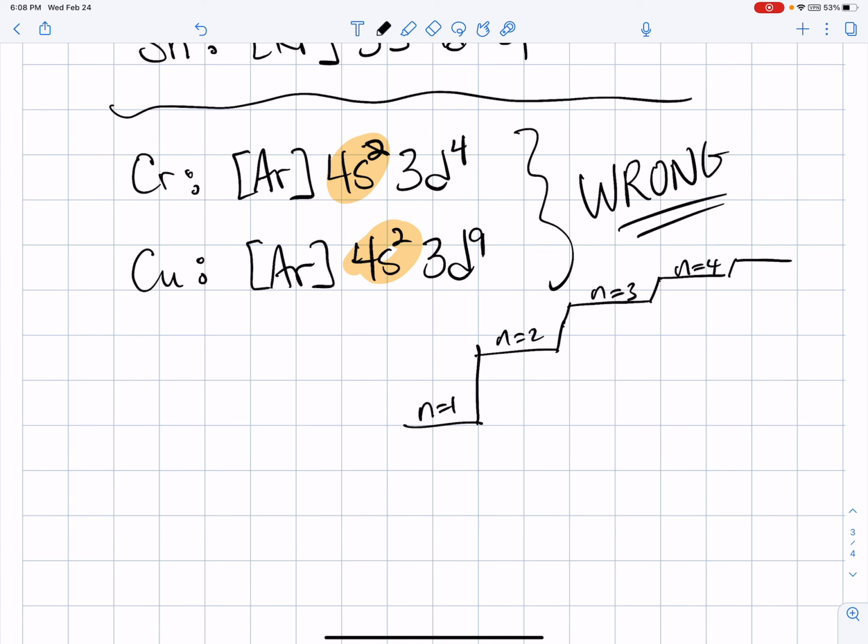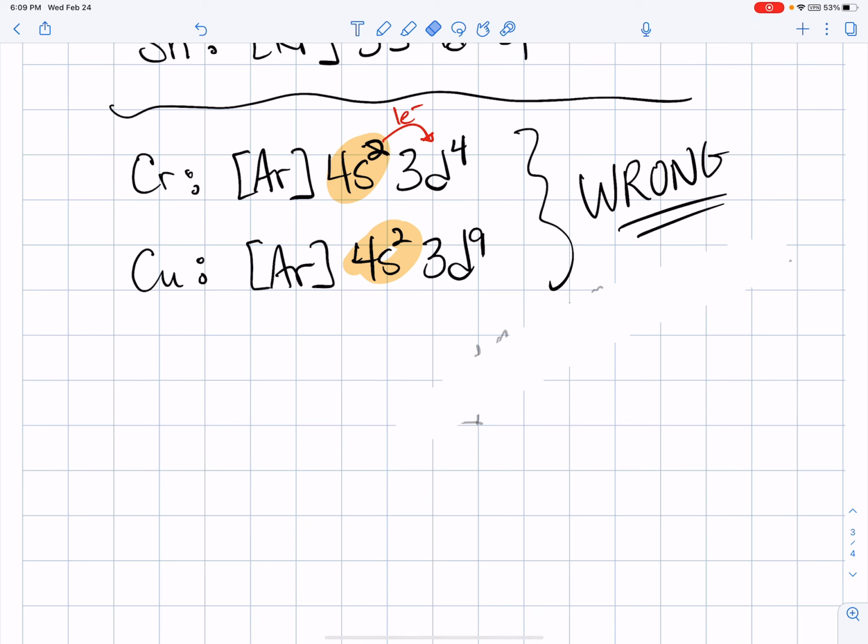Where we should have had 2 electrons in the 4s step of our staircase, one of those 2 electrons decides it's going to move into the higher step. So one of those two electrons moves into the 3d sublevel out of the 4s. So that means instead of 4s2, you're going to end up with 4s1.